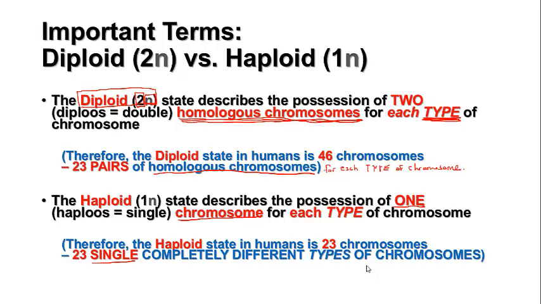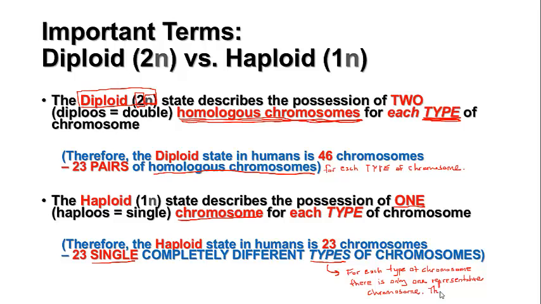So in this case, for each type of chromosome, there is only one representative chromosome.